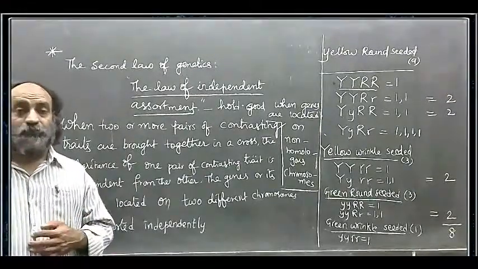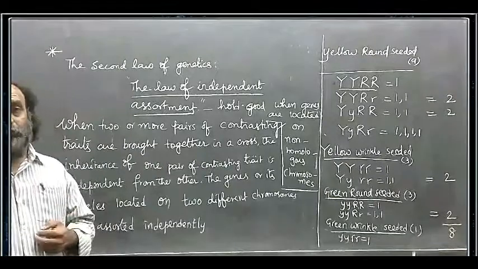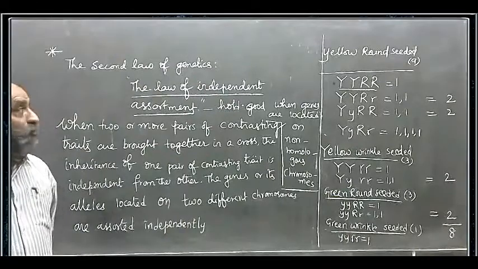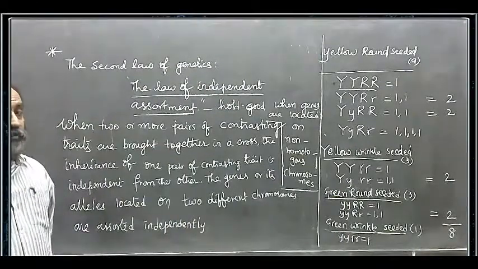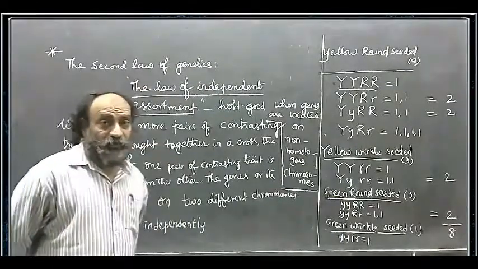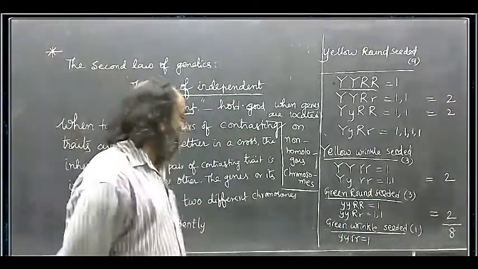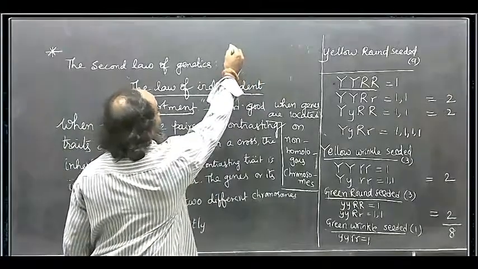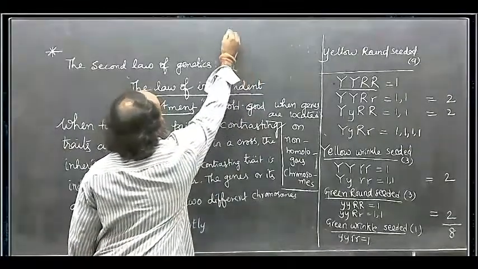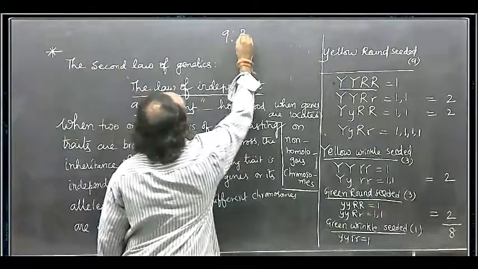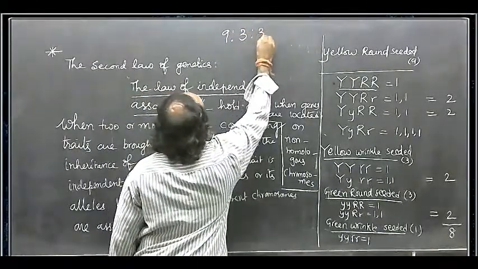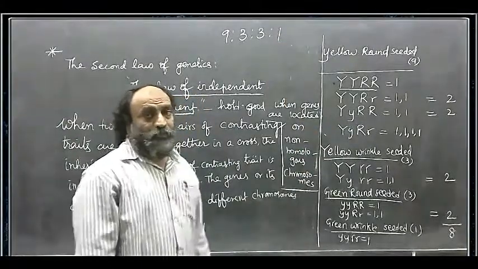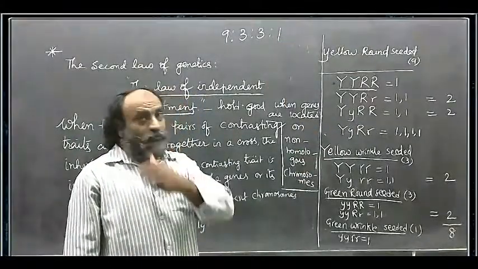Now, we are going to discuss some more points related to the dihybrid cross. What is the phenotypic ratio of the dihybrid cross? The phenotypic ratio of the dihybrid cross is 9:3:3:1. This is a recollection.